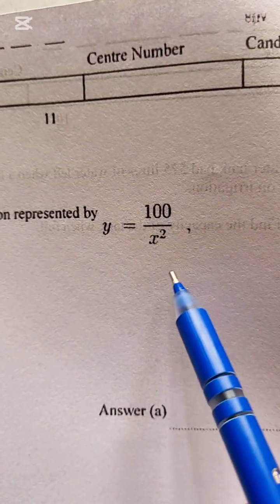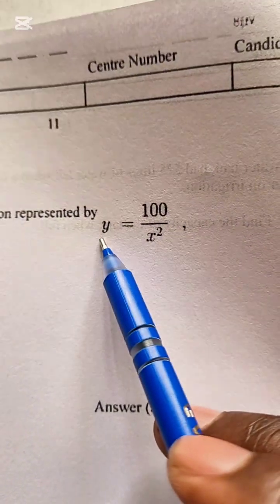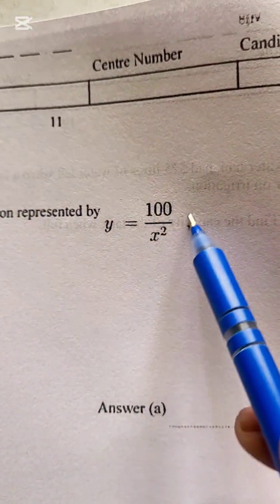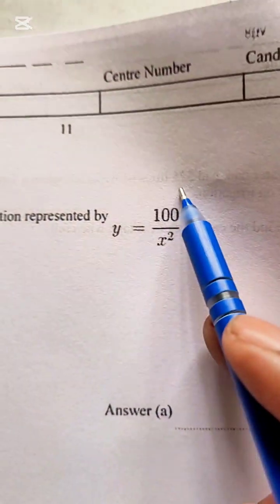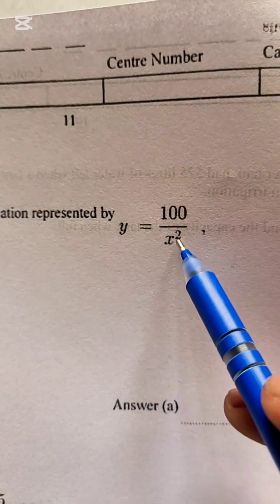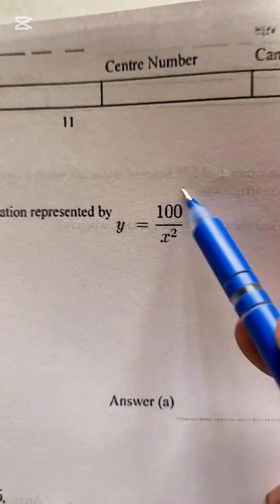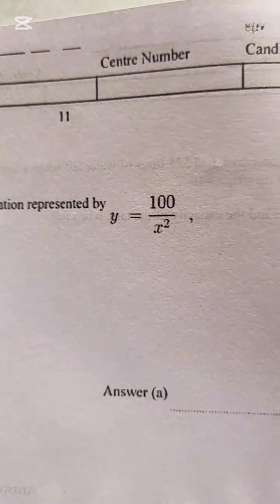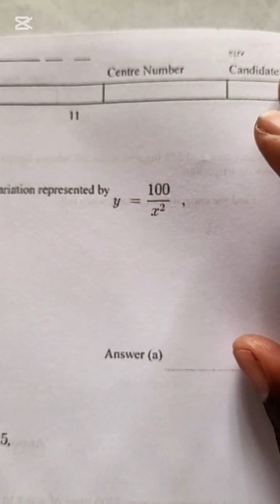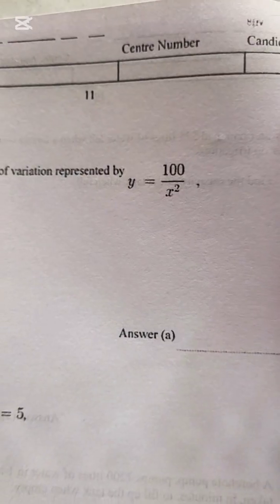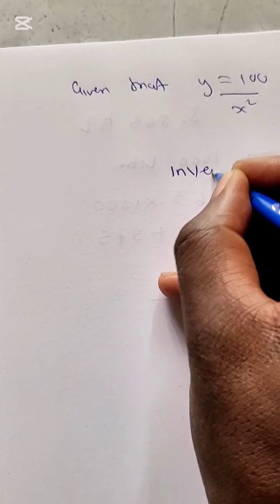Y equals 100 over x squared, so y varies, with 100 here as our constant, over x squared. Some would say this one is joint variation, but I totally disagree, because this 100 right here is the constant. So this one is an inverse variation.